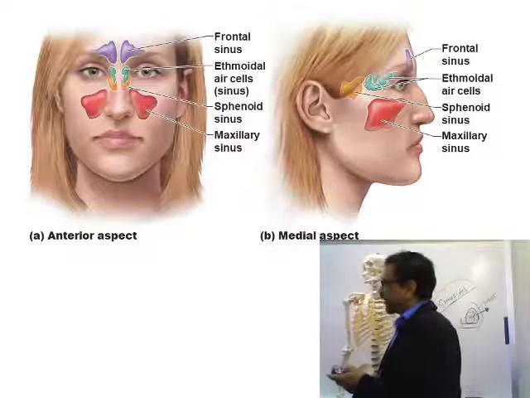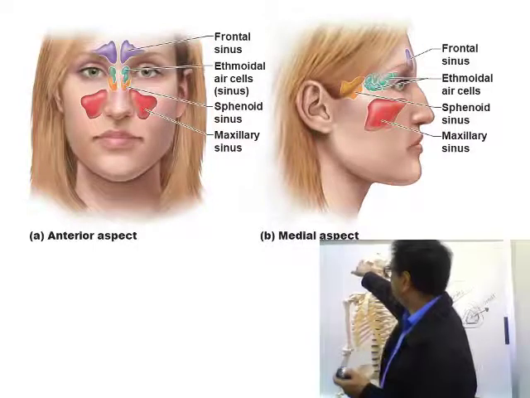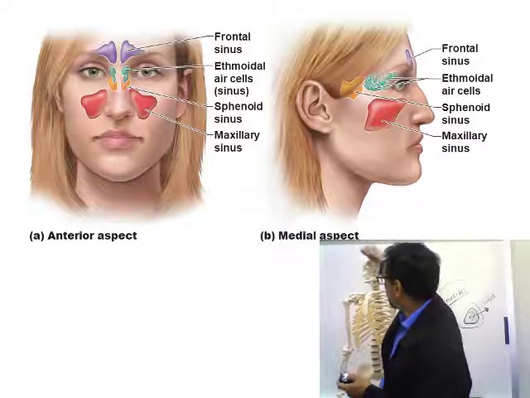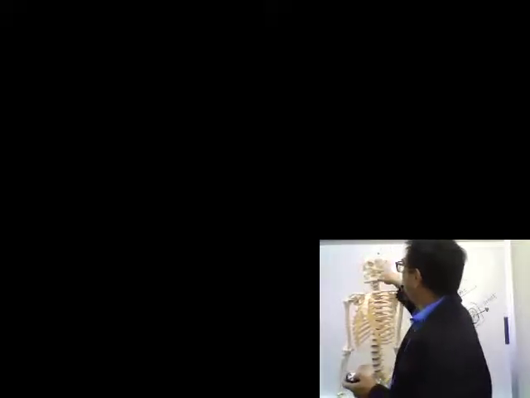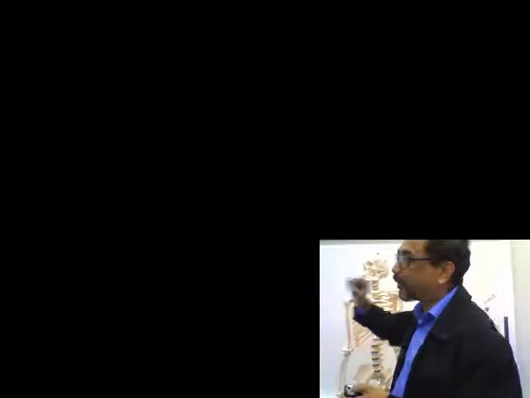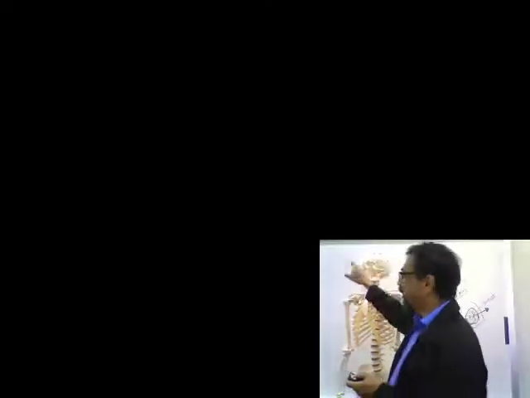Sinuses are present inside the frontal bone, called frontal sinuses. This is the frontal bone, you know already. The frontal sinuses are here. Inside the sphenoid you have sinus, called sphenoidal sinuses. Then ethmoid, I showed you in the lateral muscles, you have many air cells, right? So those are the ethmoidal air cells or sinuses. And maxillary, largest sinus in the maxillary bone, maxillary sinuses.